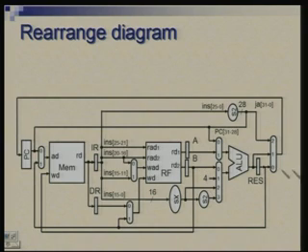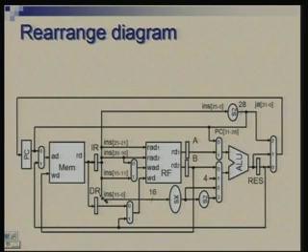So, a total of 8 control signals we require just for multiplexers. We have 2 for memory, 1 bit for RF and 3 bits for ALU. So, this is another 6 bits, and we have 1, 2, 3, 4, 5 and 6 registers. So, 1 control signal for each of these registers.